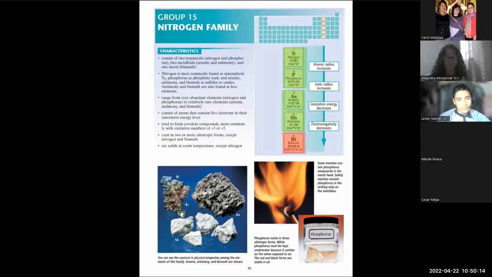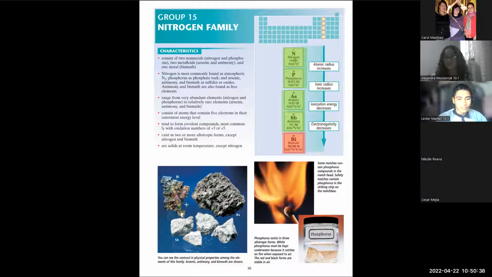Nitrogen is most commonly found as atmospheric N2, a diatomic gas, by the way. Phosphorus as phosphate rock, and arsenic, antimony, and bismuth can be sulfides or oxides. That means that they can be found in nature in compounds, or combined.